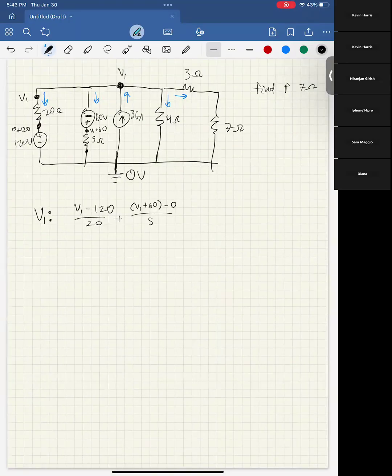And then we have that minus 36 amps going in. And then we have plus V1 minus 0 over 4. And then going out to the right, we have two resistors in series, which we can just add together. So it'll be V1 minus 0, because down here is 0, over that 3 plus 7. And that all equals 0.